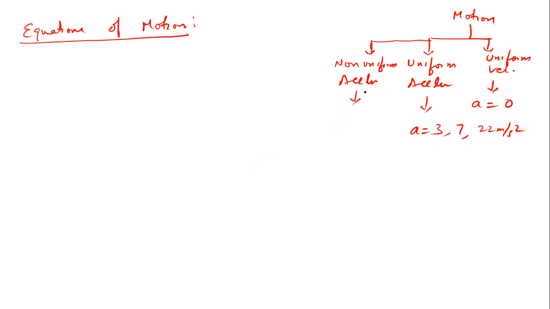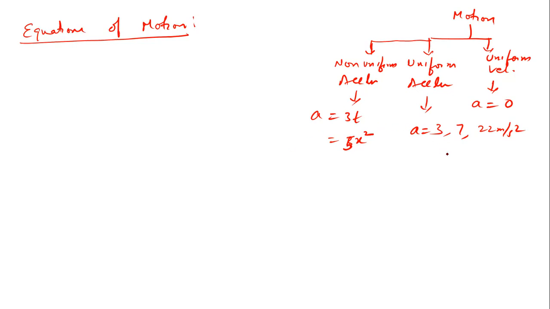Now, non-uniform acceleration: when you say the acceleration a is equal to 3t, it means as you vary the value of t, the value of acceleration also changes. I can also say it is something like 3x, 5x, or 5x square. So if you have a variable associated with an acceleration, you call that non-uniform acceleration.